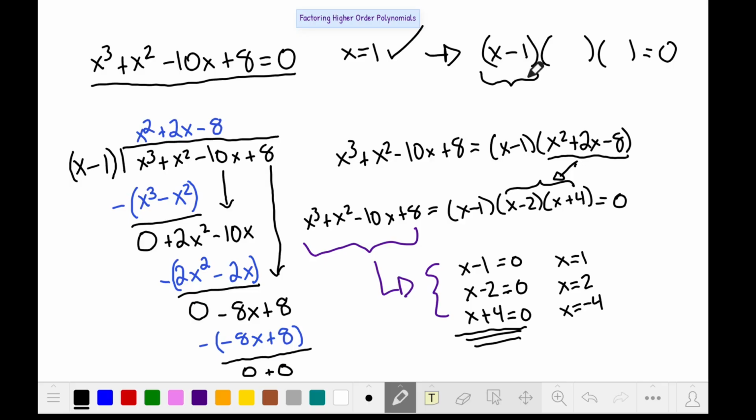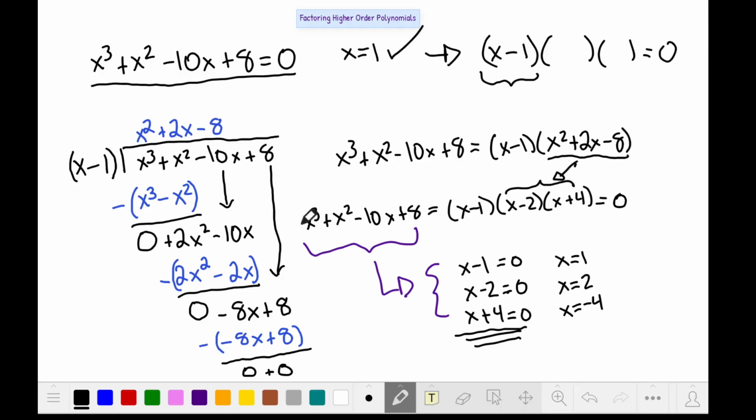And then once we have one factor, well, we can start to divide. We can divide the big scary polynomial by a factor that we know it has to have. And then we manage to break it down from a power of 3 into a power of 1 multiplying a power of 2. Once you have a power of 2, we've got a bunch of different factorizing tools at our disposal to break it down even further.